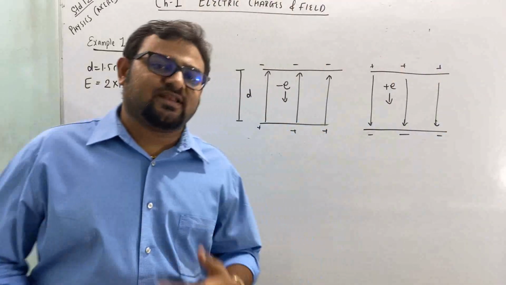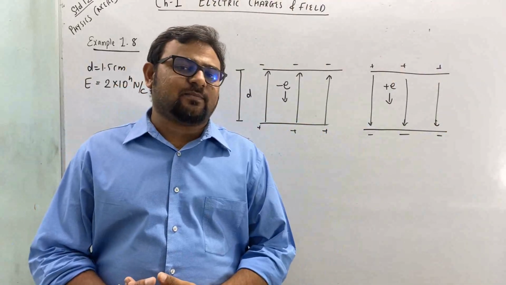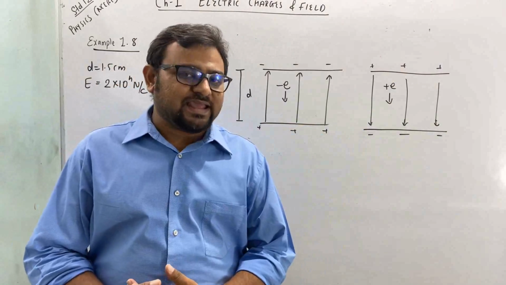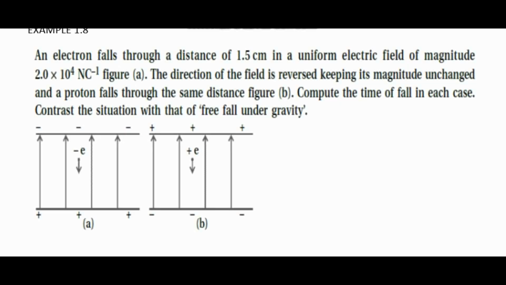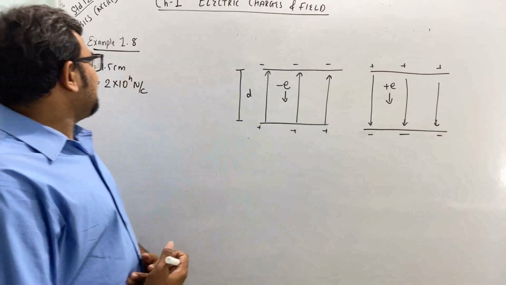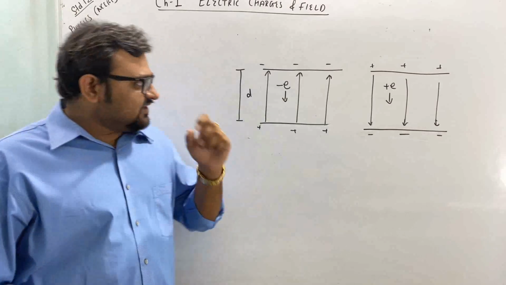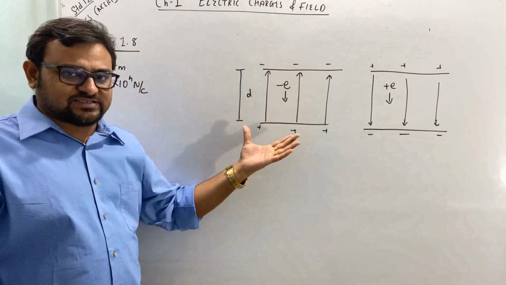Let's move to the next example, that is example 1.8. Okay, so in example 1.8, it is given that there is an electric field existing.